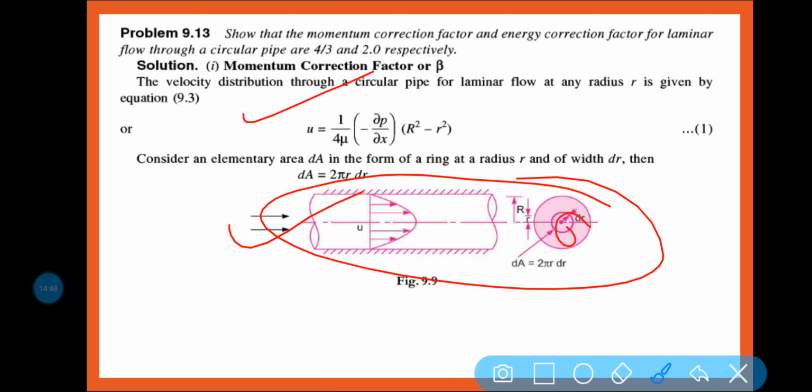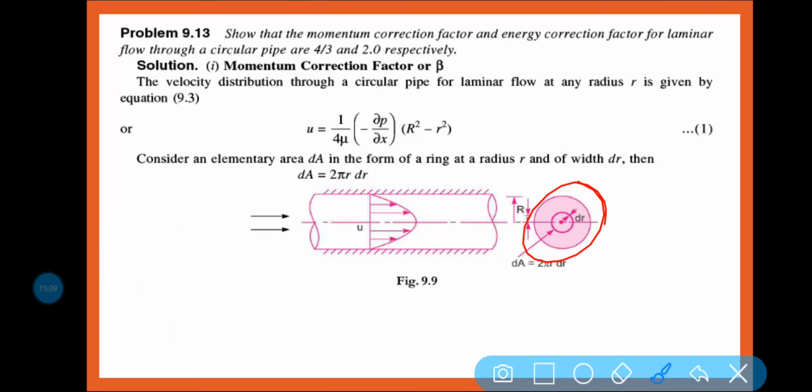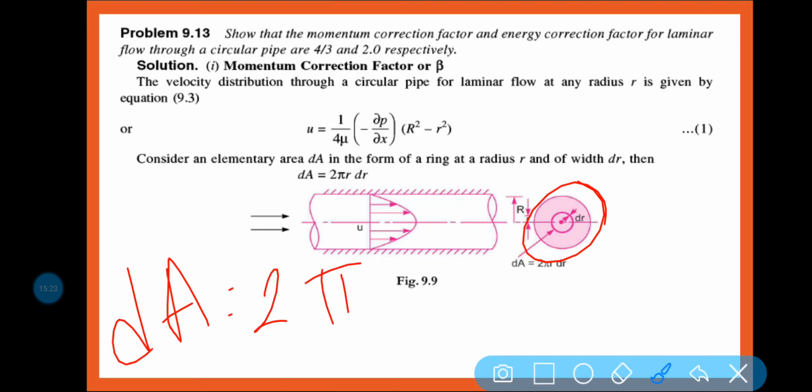Now consider a small strip, an elementary area dA in the form of a ring inside the pipe, at a radius r with the width of dr. You can see in this figure also. Okay, this is the cross sectional view, and here the side view. So then dA is equal to what? I know that it is 2 pi r into dr, that means for that strip dA is equal to perimeter into small width.